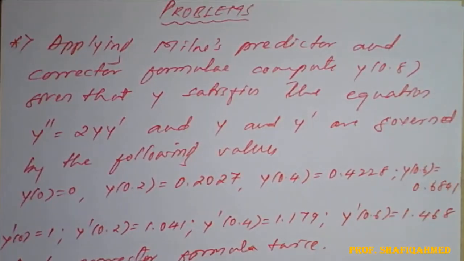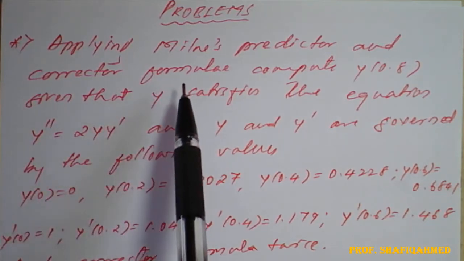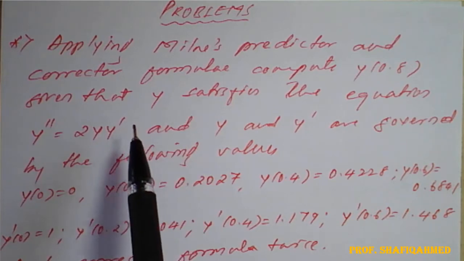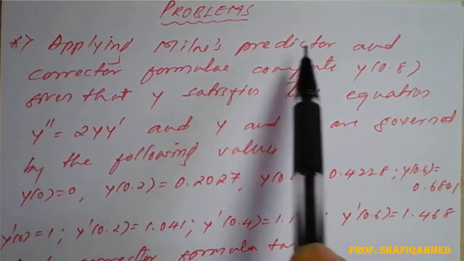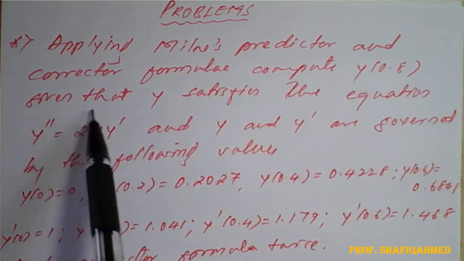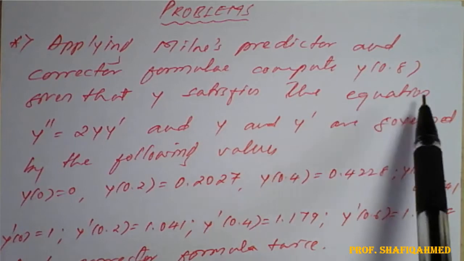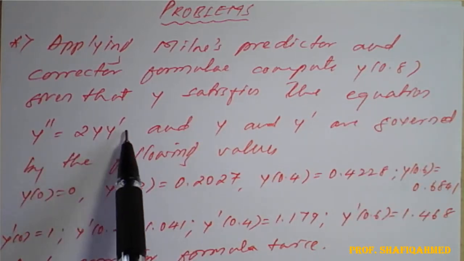Hello students, we'll see the problem on Milne's method for second order ordinary differential equation. The problem is: apply Milne's predictor and corrector formula, compute y of 0.8 given that y satisfies the equation y double dash is equal to 2 times y into y dash.